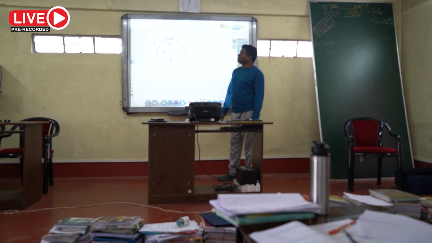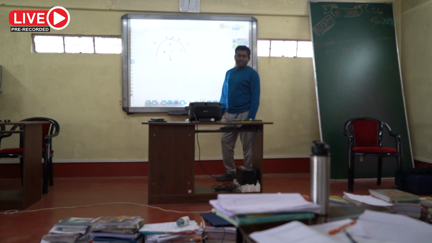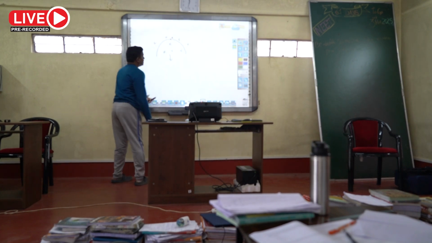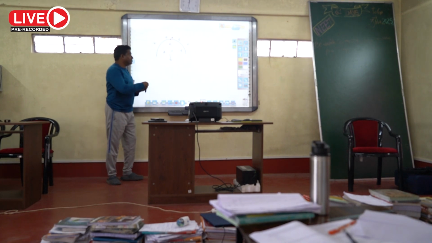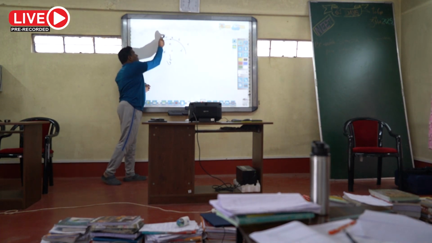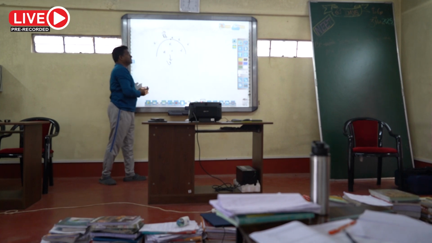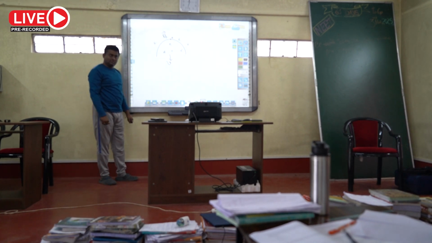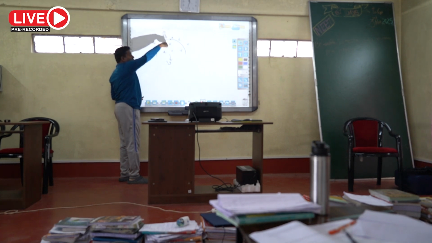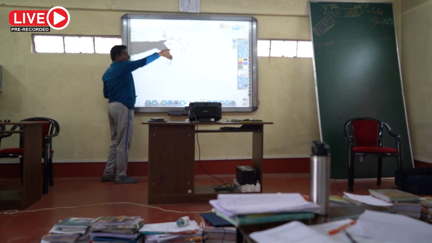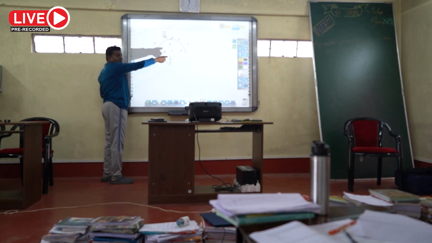What is the magnetic force on this? That we want to calculate. A charged particle moving in this direction with velocity v in magnetic field B: force equals Q into v cross B. v is downward, B is inward.